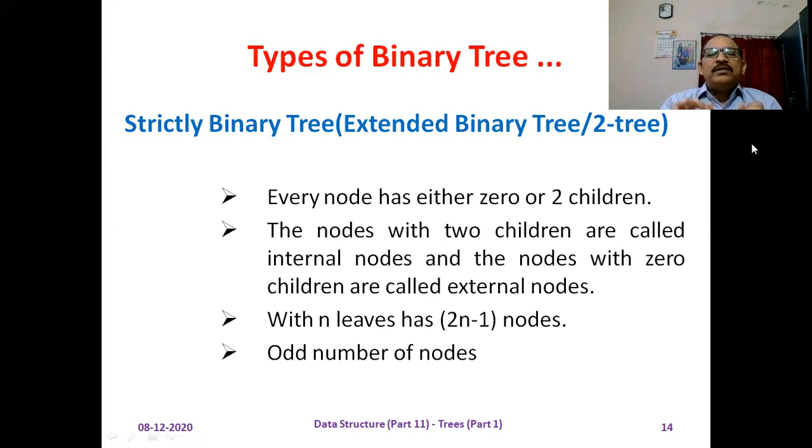In a strictly binary tree, each node has either 0 or 2 children. A strictly binary tree with n leaves has 2n minus 1 nodes, and the total number of nodes in a strictly binary tree is always an odd number.